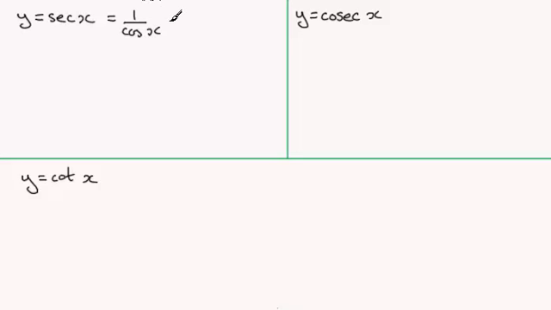And to differentiate this, what I'm going to do is change this to cos x all to the power minus 1. And I'm assuming that you're familiar with the chain rule.